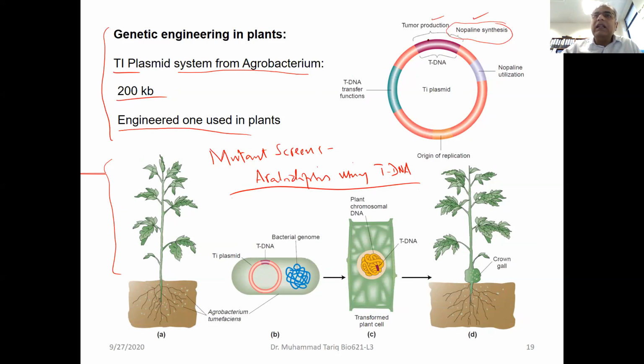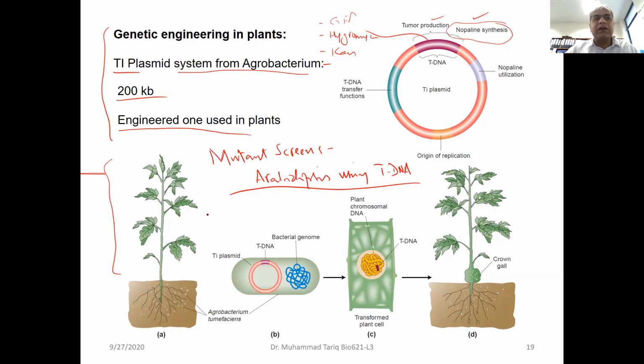And what you do, you can think of cloning a GFP gene or an antibiotic resistance gene, hygromycin gene, or kanamycin, whatever. And then you add this into plant tissue.